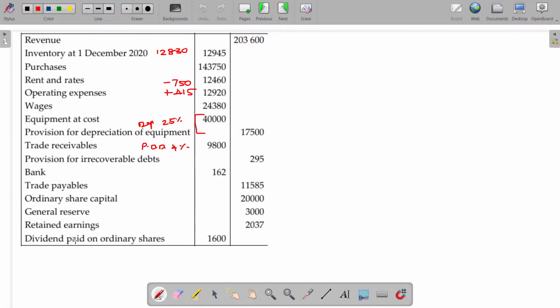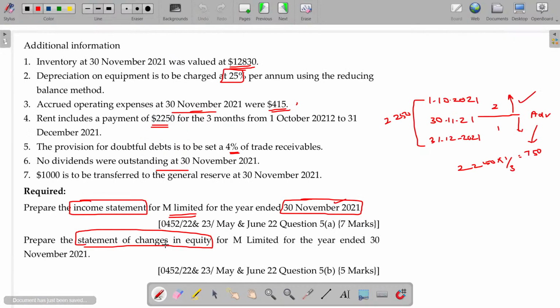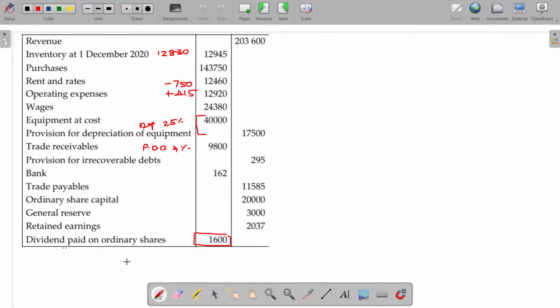Dividend paid on ordinary shares is available here. Do you find any other dividend outstanding here? No dividend is outstanding, so only this one is available. 1,000 is to be transferred to general reserve, retained earnings to GR, transferable being $1,000. Is that clear? Now we will finish up preparing the income statement.